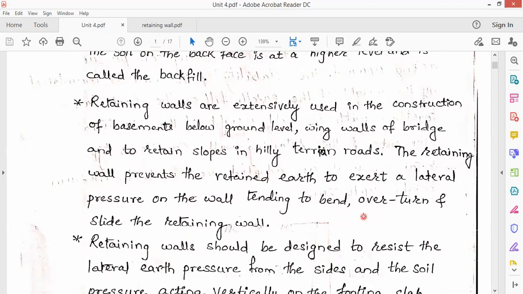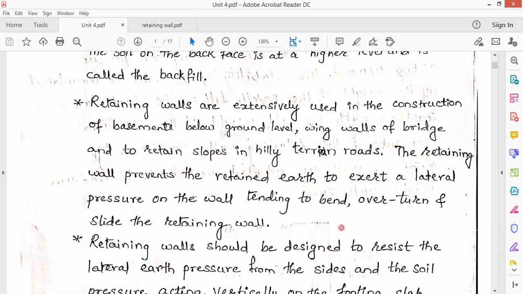So what happens because of the earth stored behind this vertical element, the retaining wall? Now onwards I am using the word retaining walls. This earth will exert a lateral pressure on the retaining wall, which will make the wall bend, or overturn completely from its base, and sometimes there may be sliding of the retaining wall also.